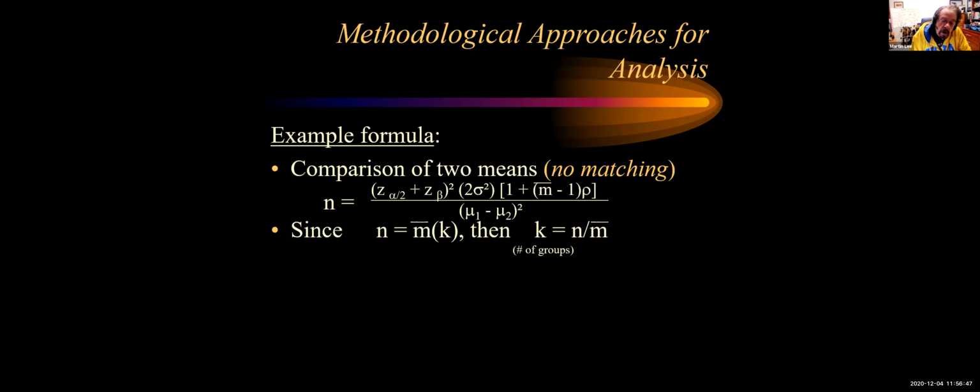So what you calculate is your sample size, and since you roughly expect, say, whatever m is, 10 patients per investigator, per institution, then you have your sample size, so you can back calculate how many institutions or how many investigators you need, because K is the number of clusters here. And so you're using the formula with an assumed number of people per cluster to back calculate the number of clusters.